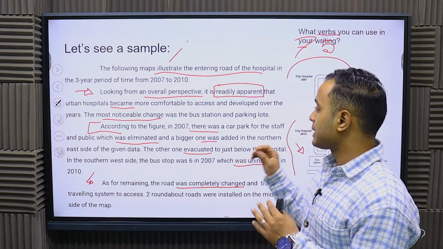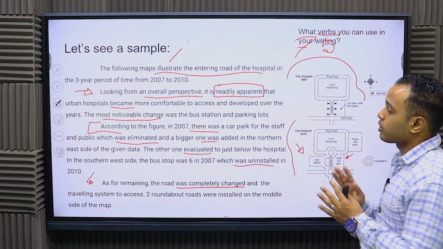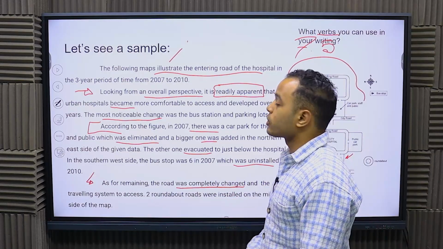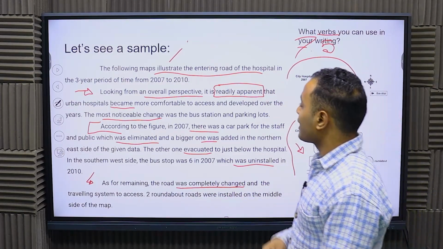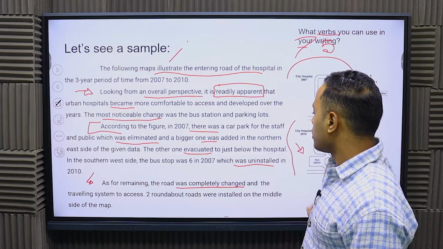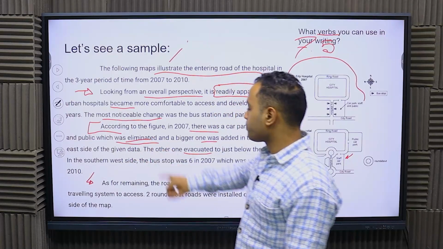Still, they've got 7.5 because the overall structure is following the same structure that we have talked about. Yet, I want you to start to focus on using more vocabulary. For example, can you give me another synonym for the word, yes, here, eliminated.